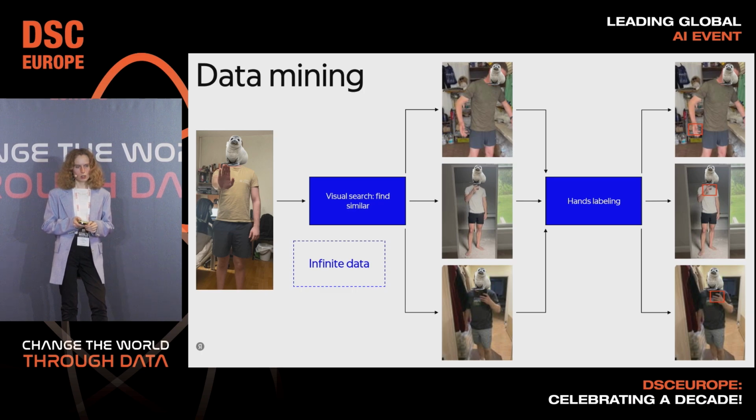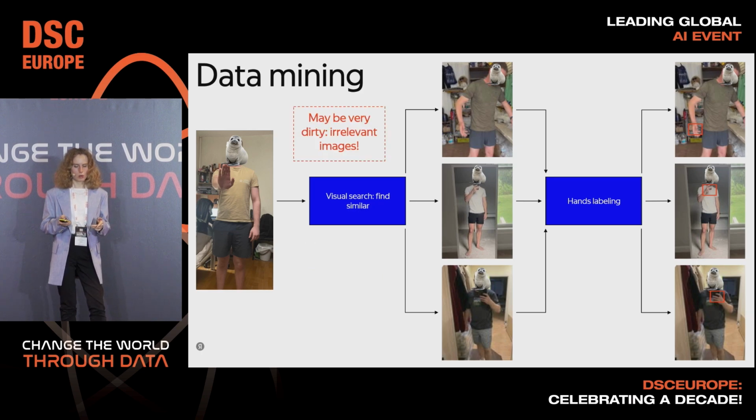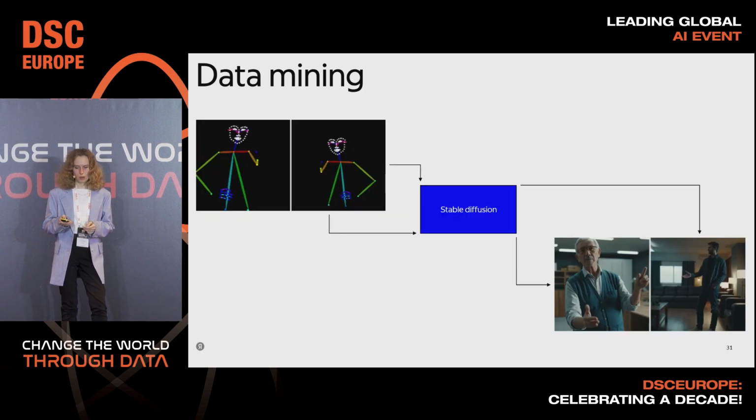This kind of data is really infinite because we can scrape images from the internet infinitely, but it also had a disadvantage: we could get some irrelevant images because the visual search is not ideal, even in Yandex.